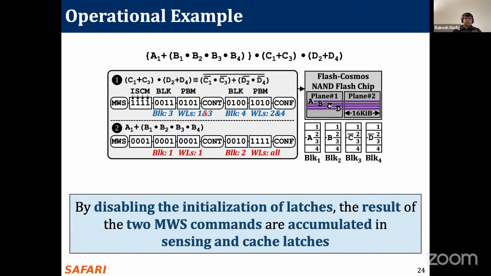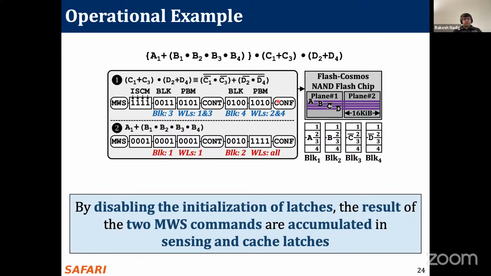Yeah, so how we combine is based on the initialization of these latches. So when we send both these MWS operations, the results get accumulated in the same sensing and cache latch.